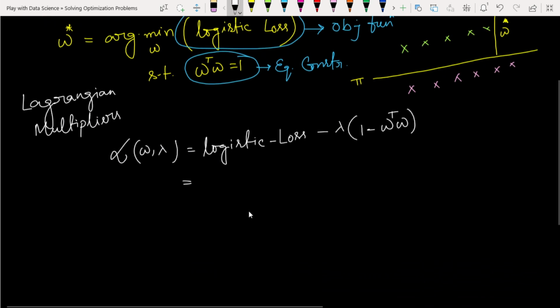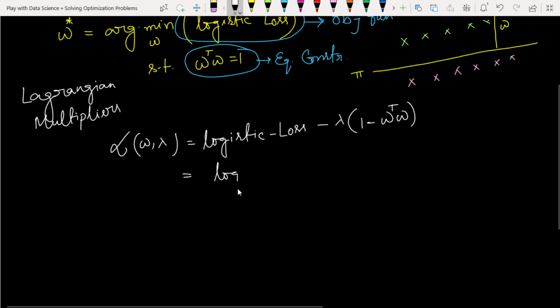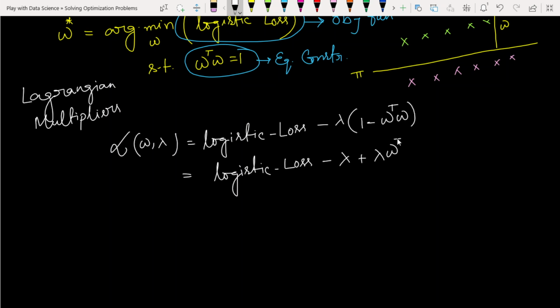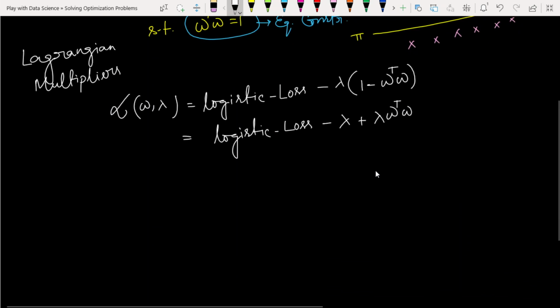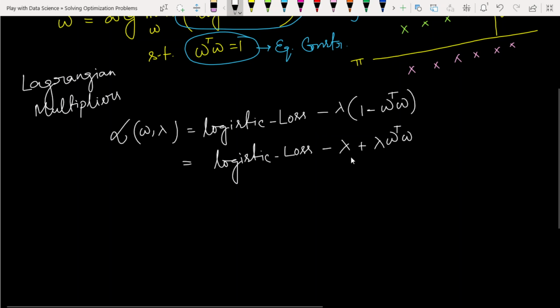So what will be our main equation? This is our logistic loss plus lambda into W transpose W minus lambda.